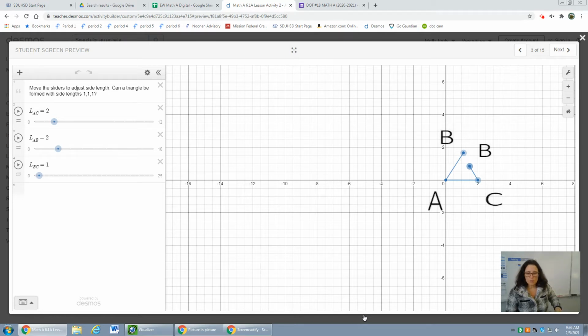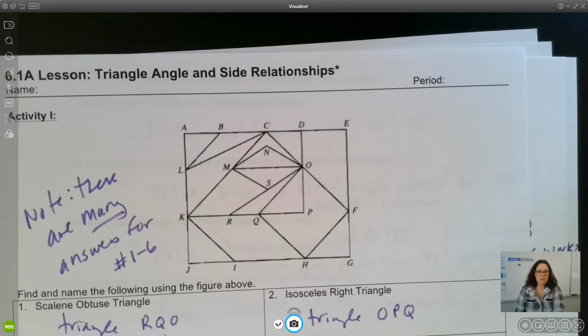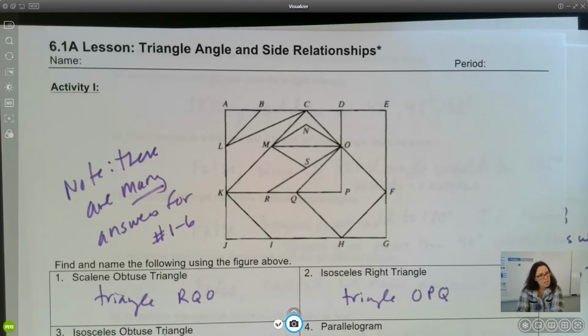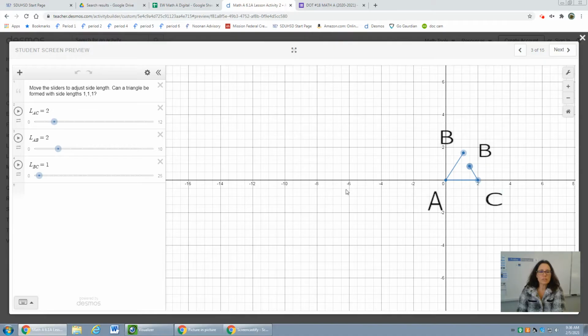Right, so you guys, we're going to be flipping back and forth between our lesson notes that we've already done the first half on and the second part of it that I want to show you digitally. So this screen that you're looking at right now goes with this page right here.